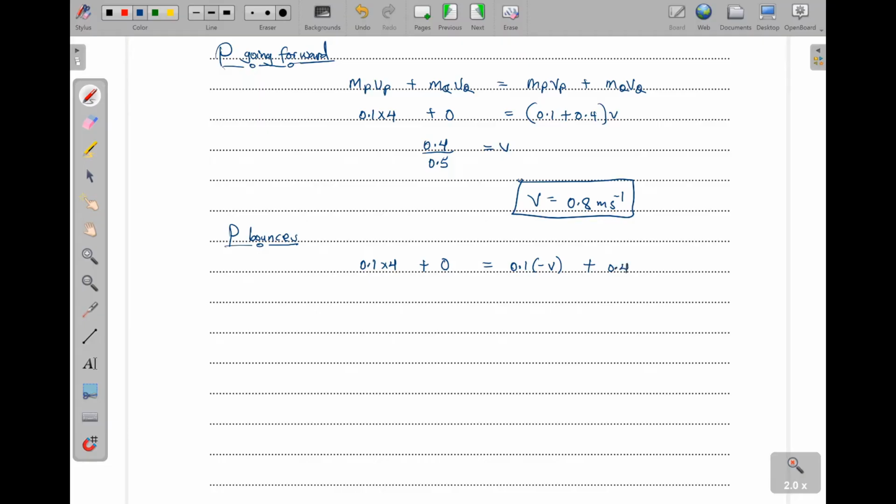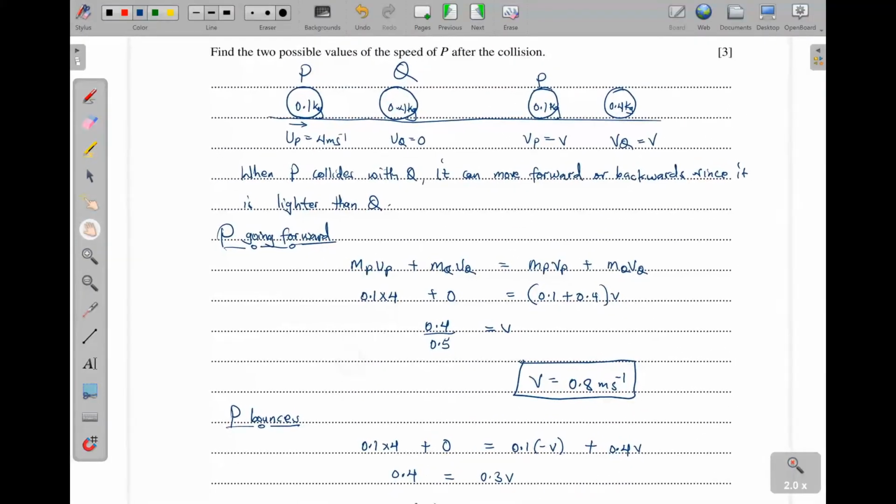Velocity is a vector quantity, so the direction is very important here. So this is 0.4 V, which equals 0.4 minus 0.1, that gives us 0.3 V. So 0.4 divided by 0.3 will give us V. V is therefore equal to 4/3 meters per second. So those are the two possible values for the speed of the particles after collision.